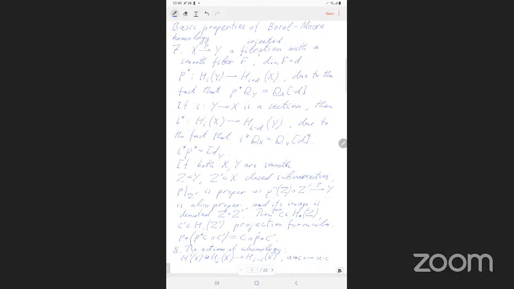And there are various ways to think about this multiplication. One way, again, is if you think of Borel-Moore homology as homology with coefficients in the dualizing sheaf, then the usual cohomology acts on the cohomology with arbitrary coefficients, for example, with coefficients in the dualizing sheaf. So there is this action.